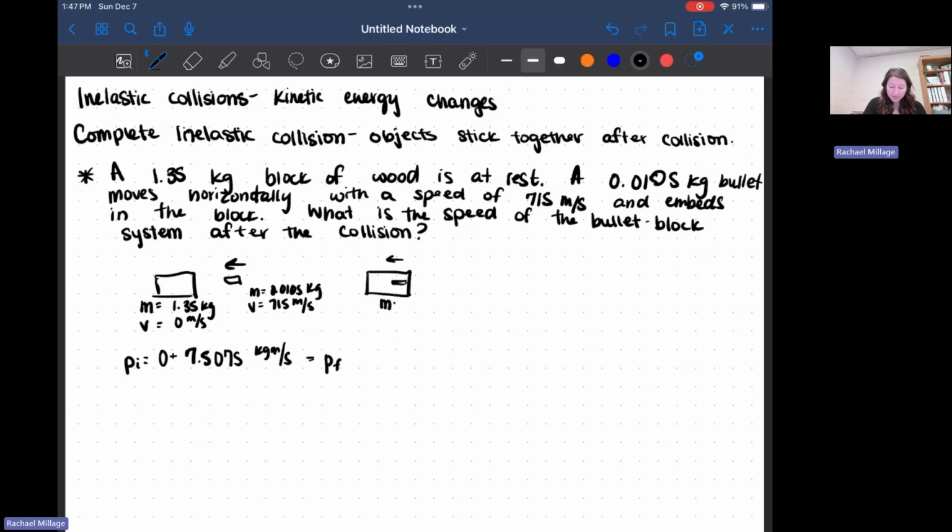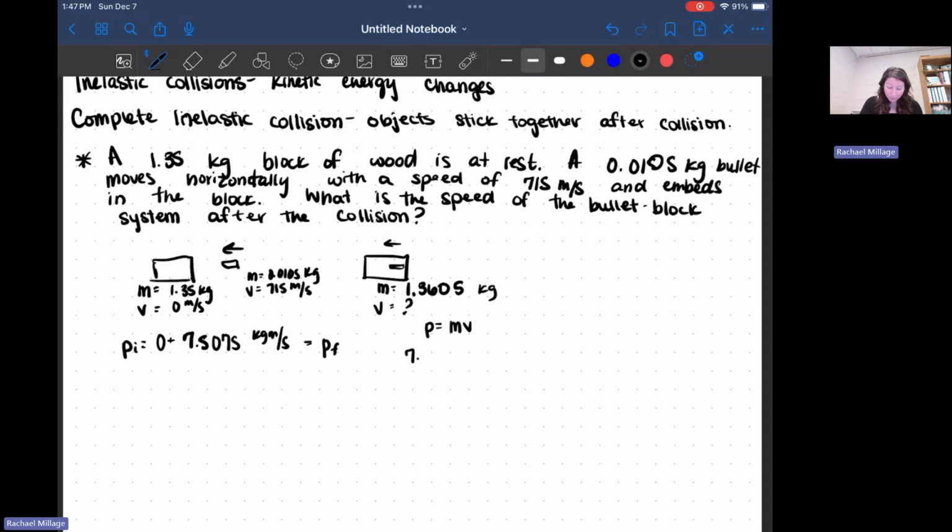The mass of this new combined object is the mass of the bullet plus the mass of the block: 1.35 plus 0.0105, which is 1.3605 kilograms. We don't know its velocity, but we know that momentum is equal to mass times velocity, and we know our momentum because our total momentum never changes.